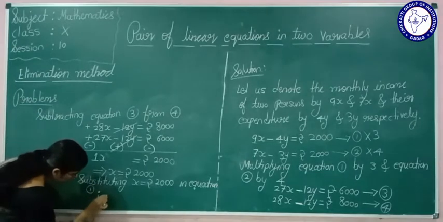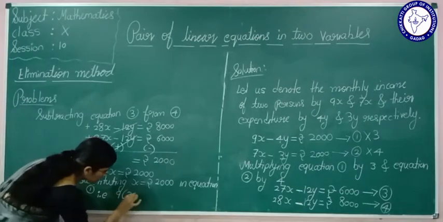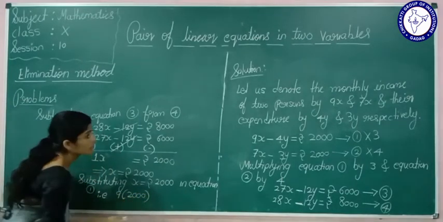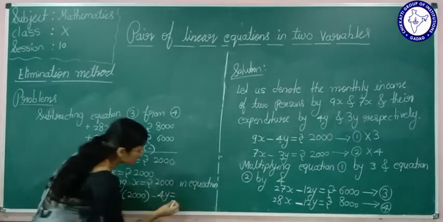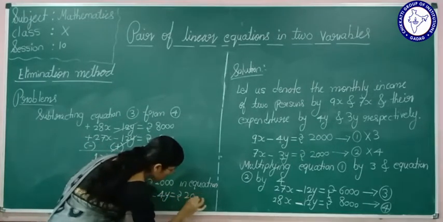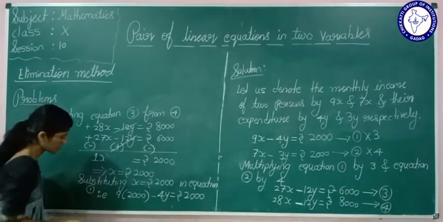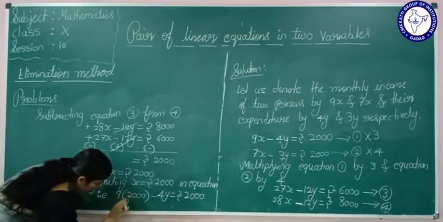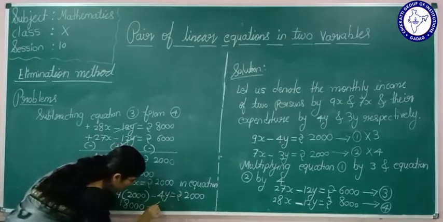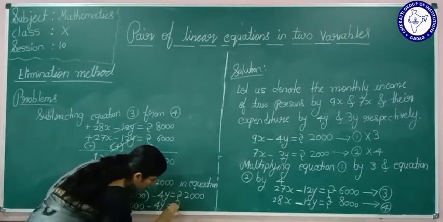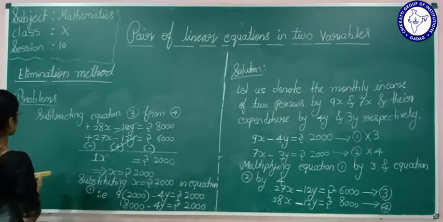What is equation 1? 9x, x is 2,000, minus 4y is equal to rupees 2,000. Okay, 9 2s are 18, 18,000 minus 4y is equal to rupees 2,000.